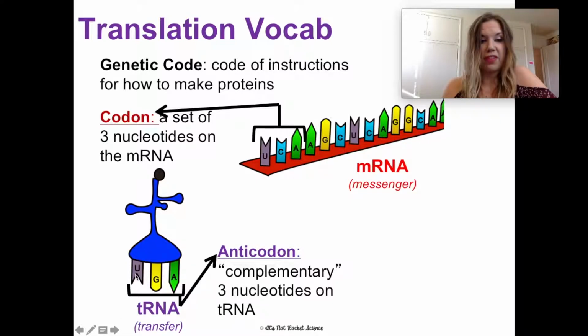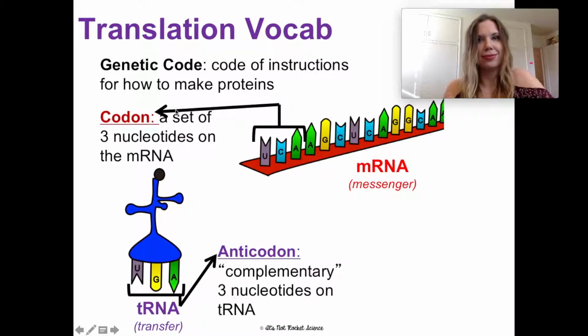If we match up this complementary sequence to its complementary codon on the mRNA, then this tRNA will bring its specific amino acid and add it into the chain of amino acids at the ribosome.